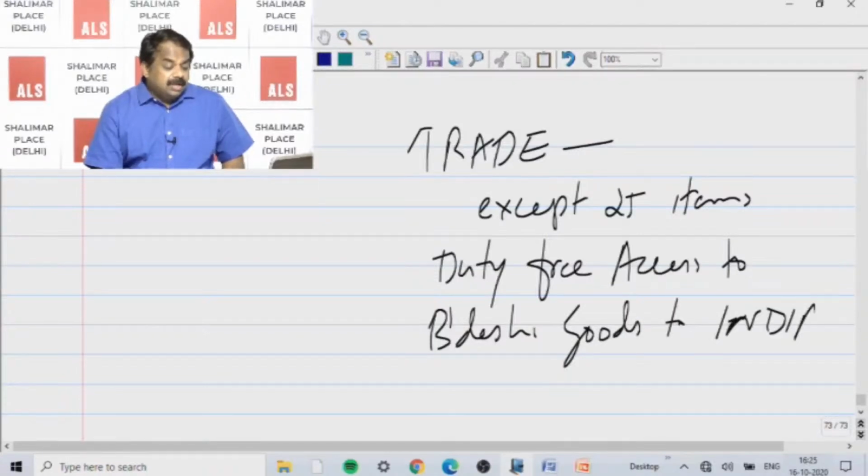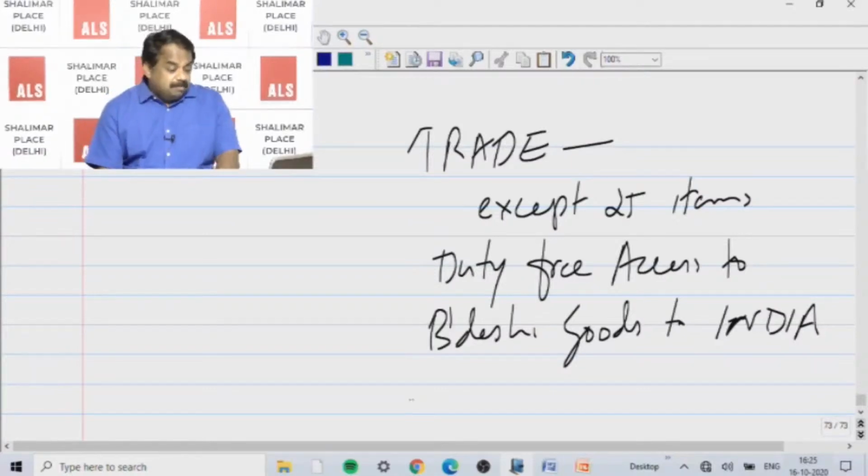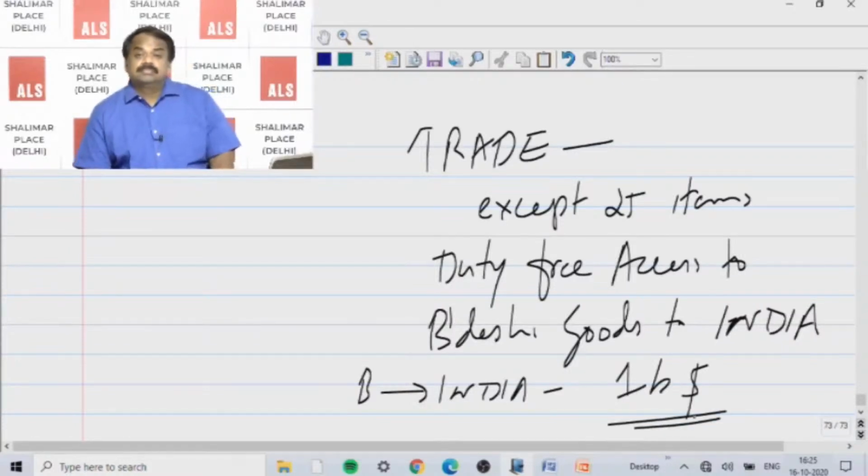And slowly it is bearing fruit, because for the first time Bangladesh's export to India has crossed $1 billion. This is the only country in our South Asia vicinity that would export more than $1 billion worth of items to India.